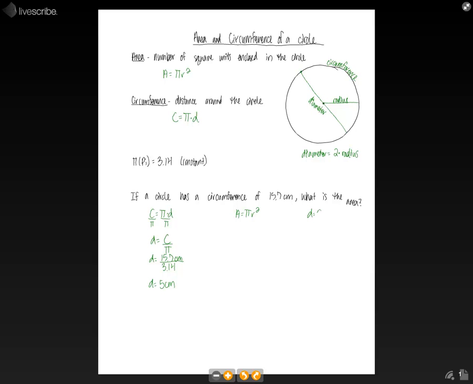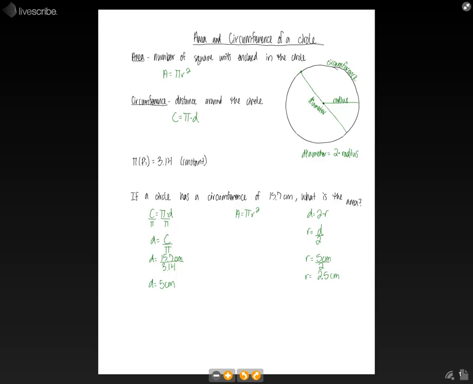We know the diameter is 2 times the radius, so our radius will be equal to the diameter divided by 2. So our radius is equal to 5 centimeters divided by 2, which is 2.5 centimeters.